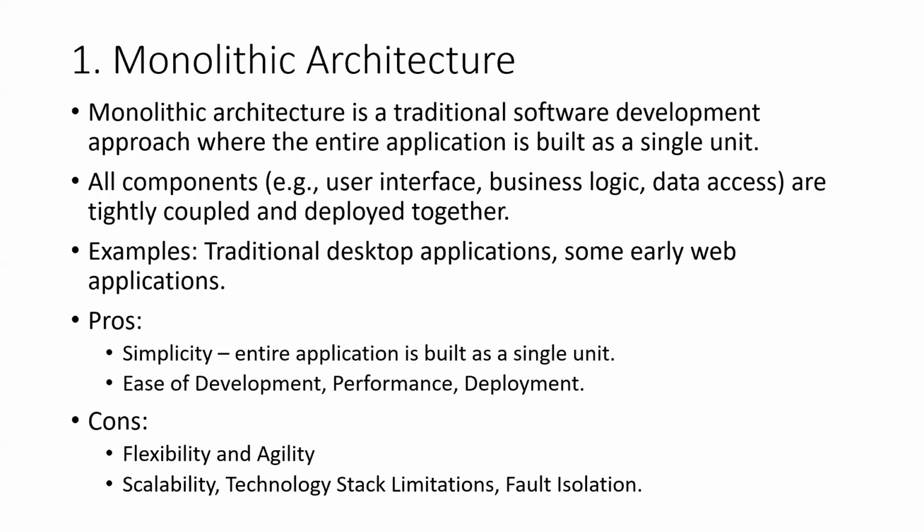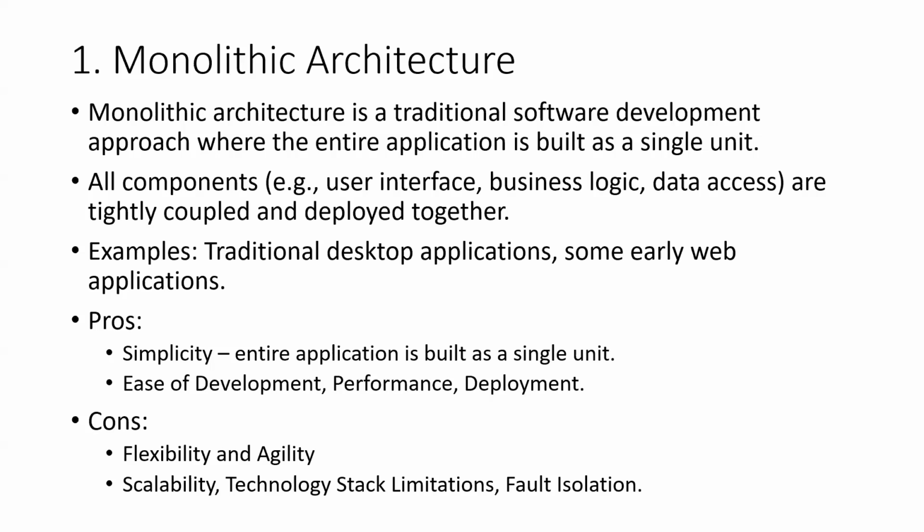But in the microservices architecture world, you don't have such a problem, because you have broken down your entire application, instead of a single unit, into loosely coupled units. Those units you can easily deploy onto your application servers.